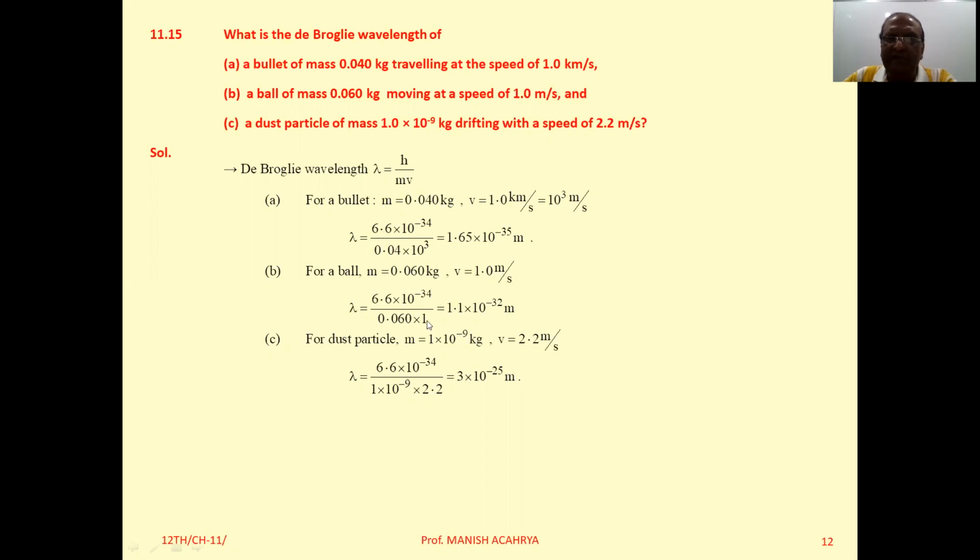Then in the same equation, substitute mass of ball 0.06 kilogram and speed 1 meter per second, you will get lambda for ball. Then for dust particle, substitute the mass 10 raised to minus 9 kilogram and speed 2.2 meter per second. Again, you will get lambda for it. Clear?